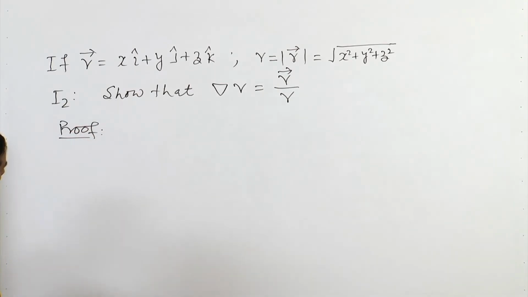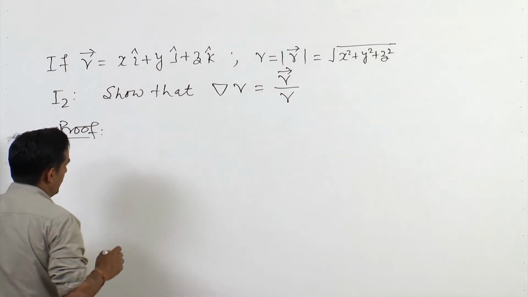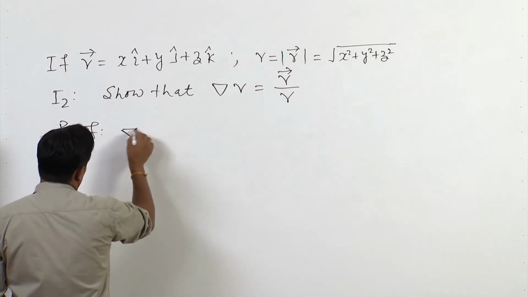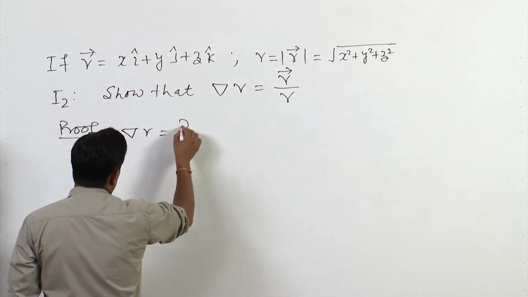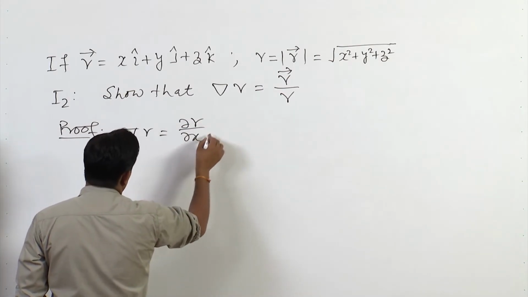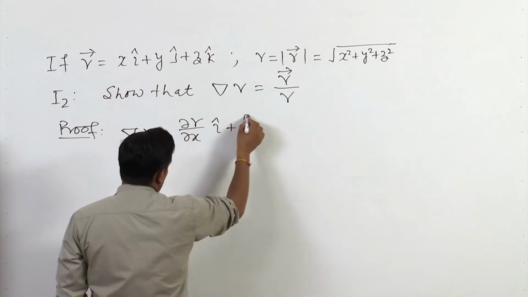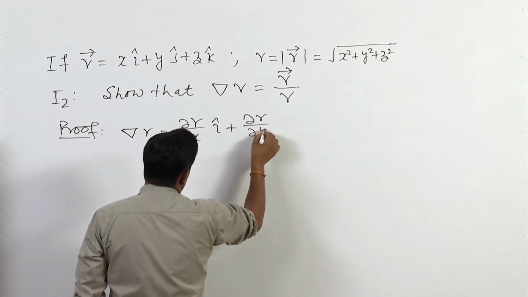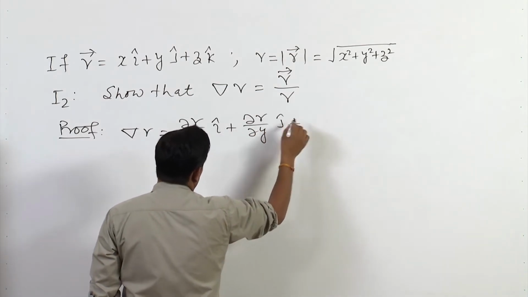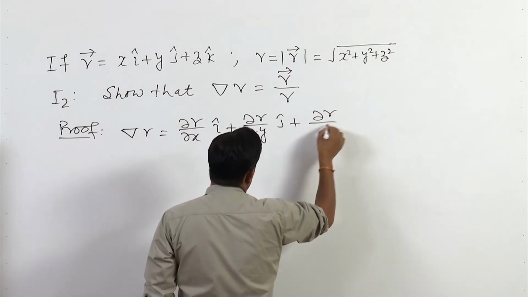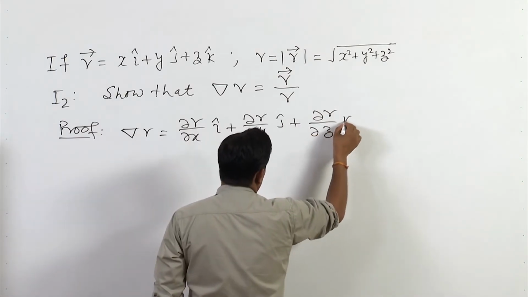Let us try to obtain it. So I need to find del r. So del r will become del r over del x i, del r over del y j, del r over del z k.